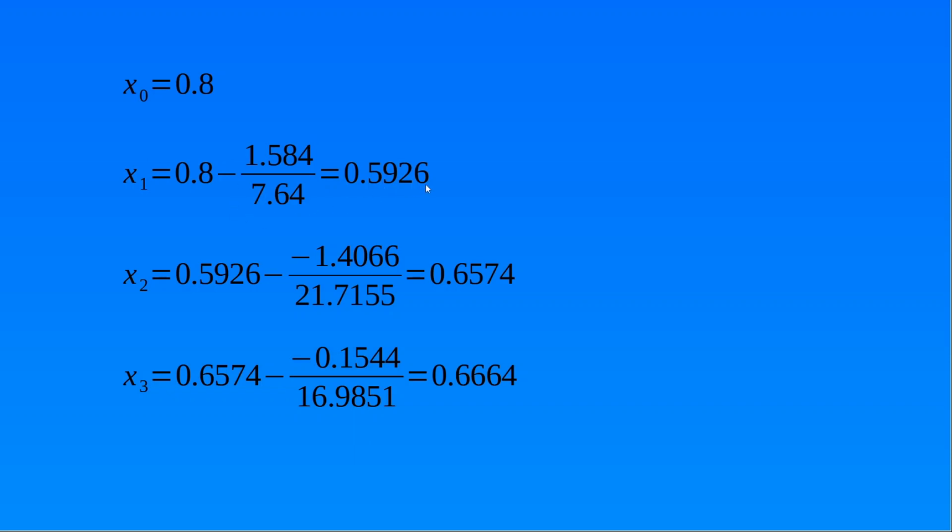The next estimate is 0.5926. Take that and again do the calculation, 0.6574. And then of course, 0.6664. Here again, if I take 0.6664, I will not have any improvement in the root, because taking this will give you roughly 0 on the numerator. So whenever you're reaching the root, remember one thing: the numerator values are going to be very, very small and there would be no further increments in the estimates.